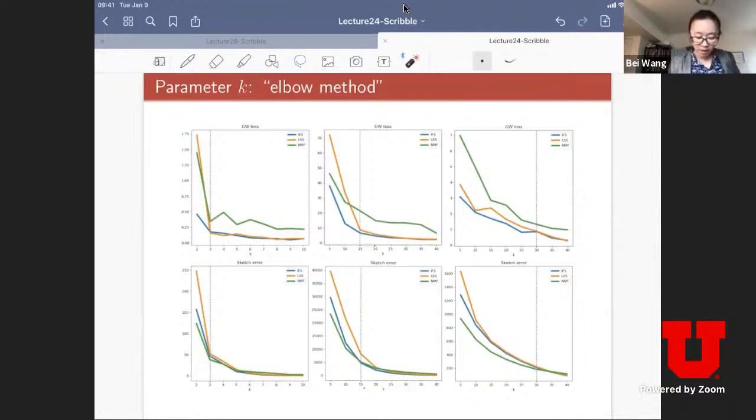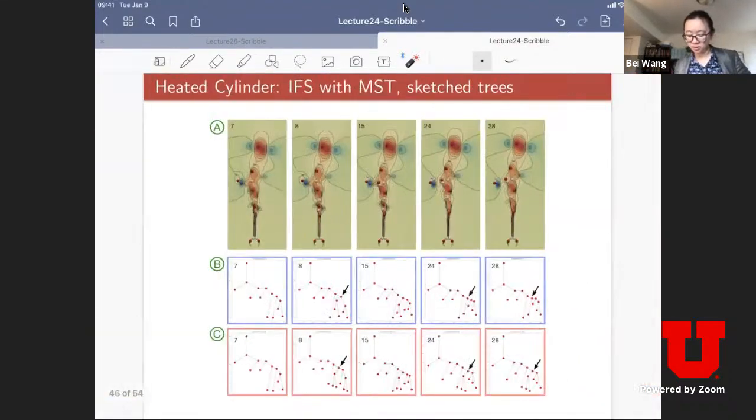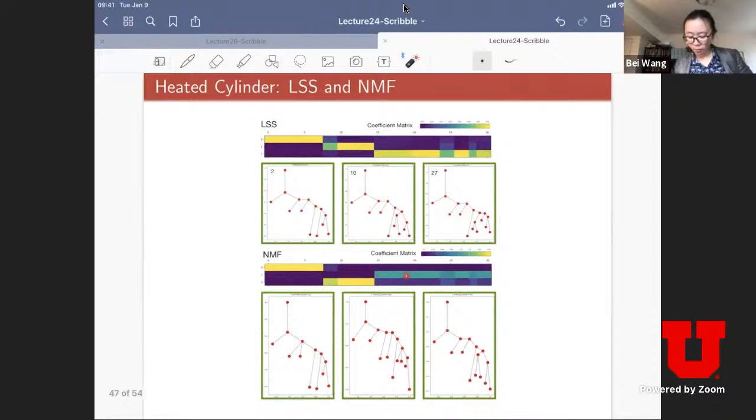So maybe the structure isn't preserved as well as with the other 2 methods, but the sketch error converges roughly the same way. If you look at individual ones, this is also a bit indicative, where this area is not very bright yellow. So element-wise, they would have slightly higher error using the non-matrix factorization.